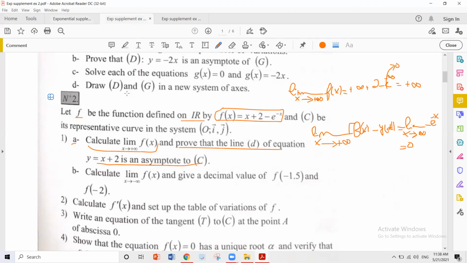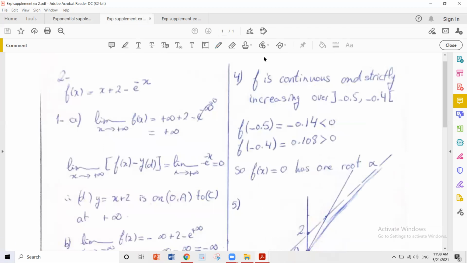So limit as x tends to plus infinity of f(x) minus y_D equal limit as x tends to plus infinity of minus e to the power minus x equal e to the minus infinity, which is 0.